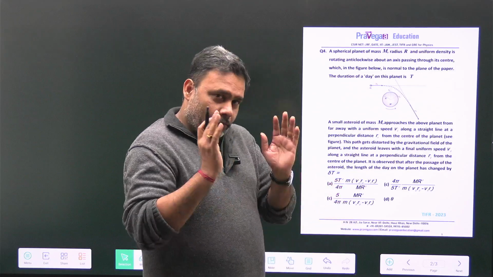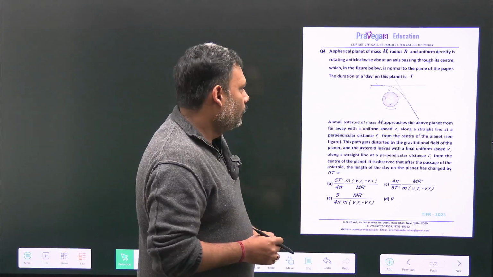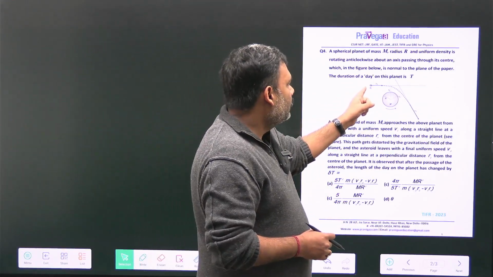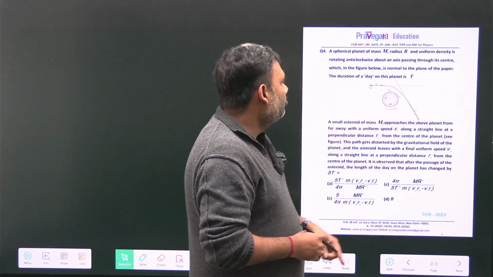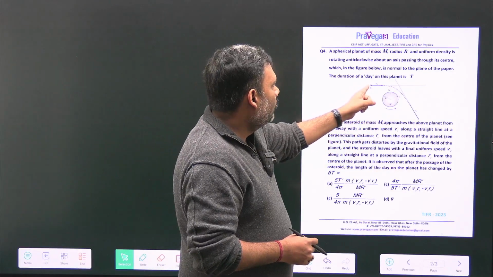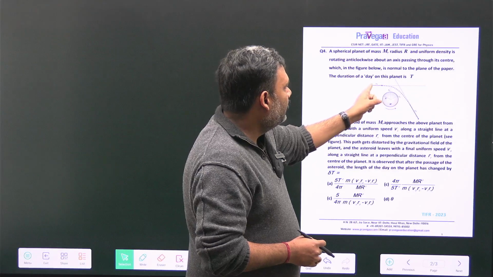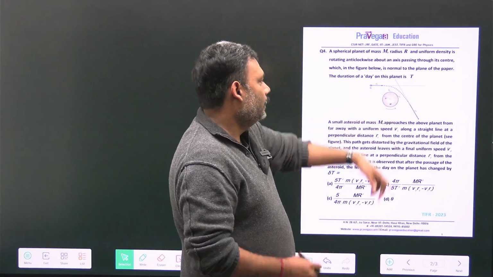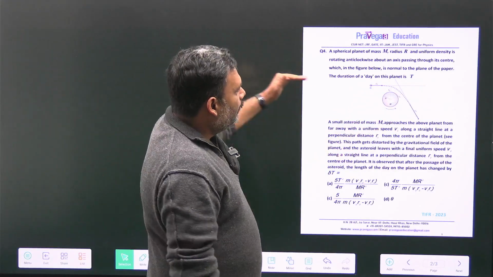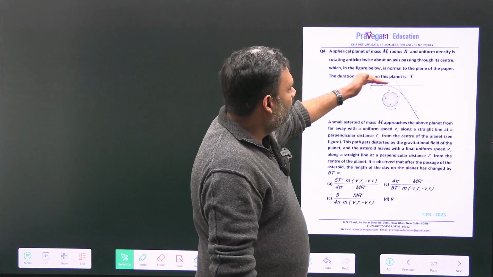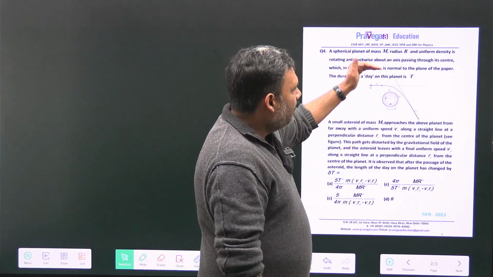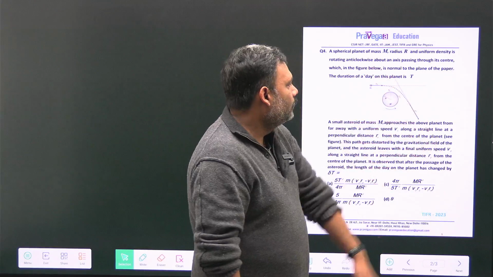And look at what the arrangement is, what a beautiful problem. A small mass will come and interact with this planet. It came with velocity v1 and receded from the planet with velocity v2.